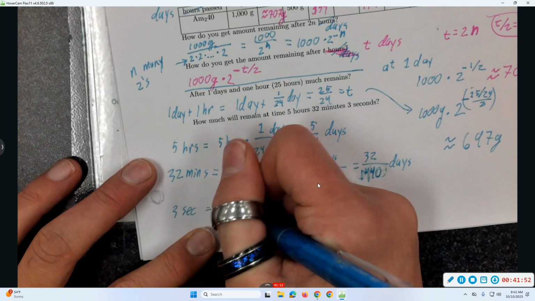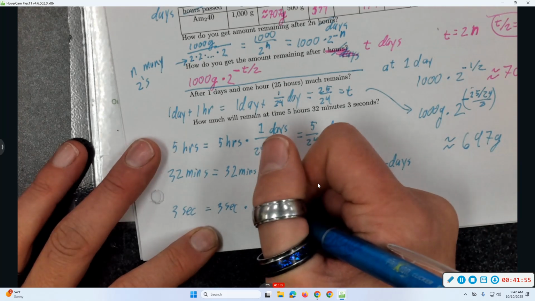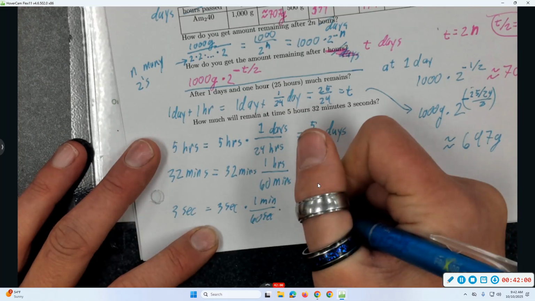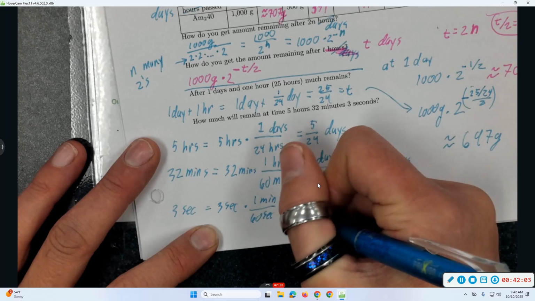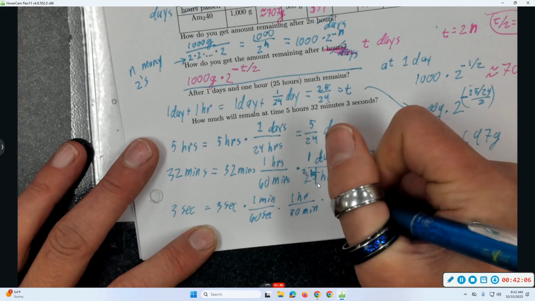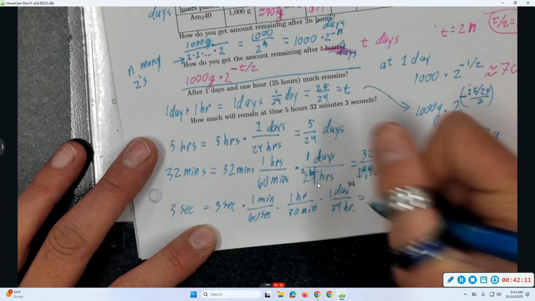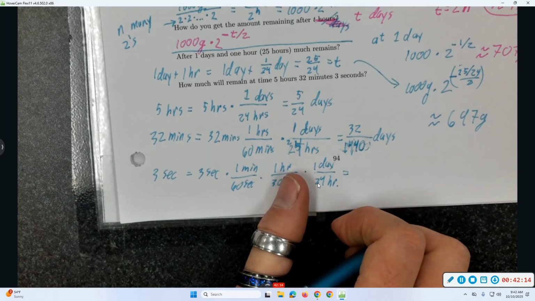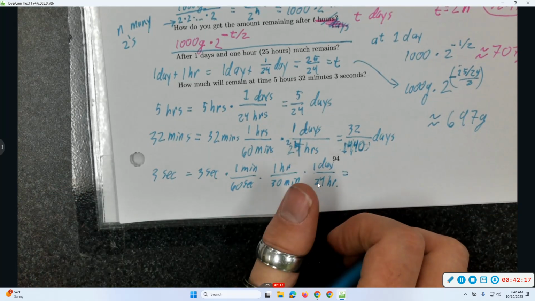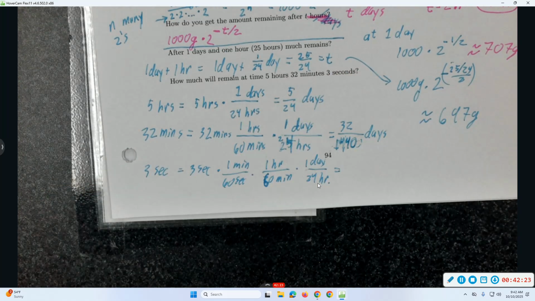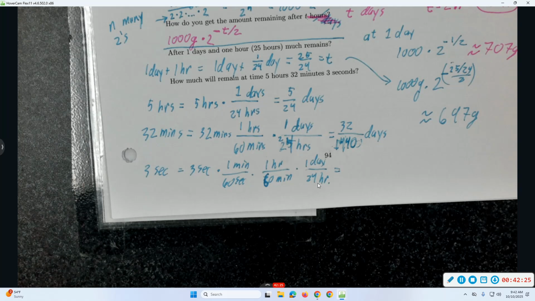Let's convert to minutes. 1 minute per 60 seconds. 1 hour per 60 minutes. 1 day per 24 hours. I do know how to read a clock.